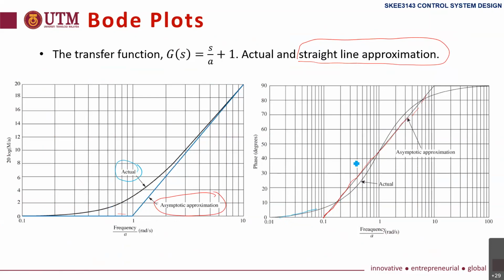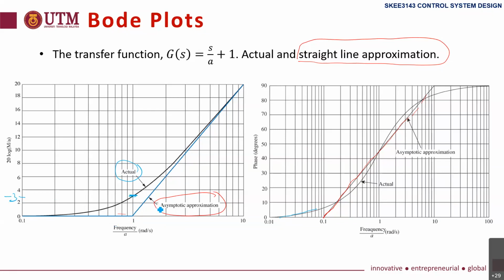The pattern is quite similar, but of course not exact. Just now remember when omega is 1 radian per second, it should be minus 3 dB. Here minus 3 dB. But in straight line approximation, we assume this is the break frequency, the point where it changes from 0 to a straight line slope, with slope 20 dB per decade.